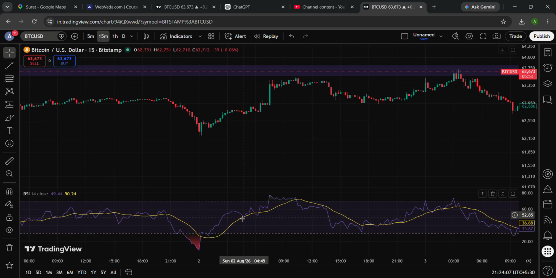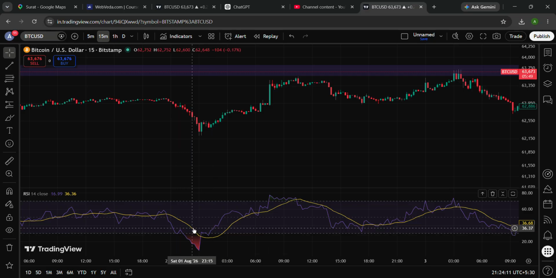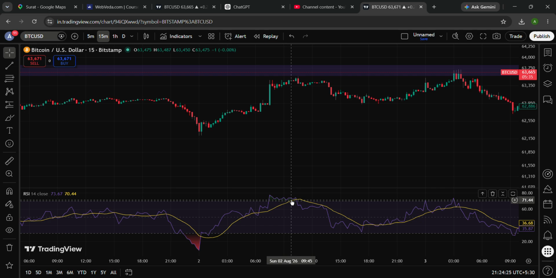Basically, when this purple line and this yellow line go from the bottom up and crossover, that becomes a buy signal for us, and if it crosses from the upside to the downside, that becomes a sell signal for us, right?